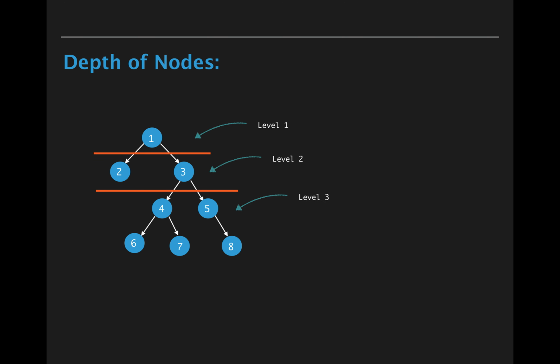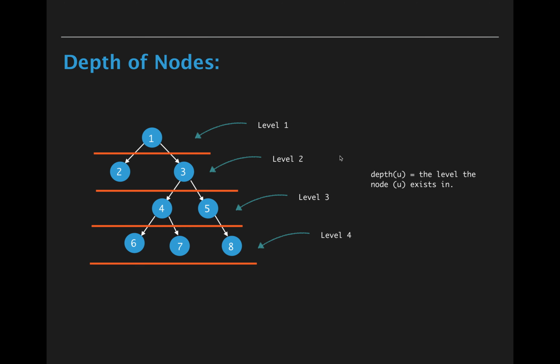So this is level 3. 4 and 5 are level 3, 6, 7, 8 are level 4. So given any node U, we want to find the level that node exists in. Given node 5, we know that's level 3, so depth of U would give us 3. Given node 8, we know that node is in level 4, so the depth of 8 would give us 4.